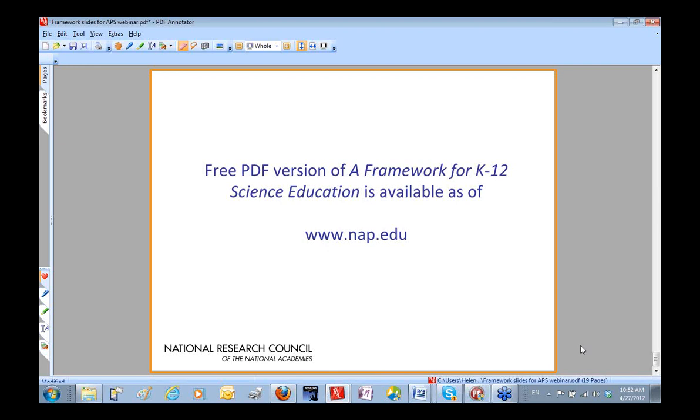As far as the impact of the framework, I know it's being read all around the world. Again, as I said, you can take the practices and the cross-cutting ideas and meld them with any curriculum you might like to be teaching. And so I know that there are people, I'm in fact just off to Ecuador next week to talk about this in Ecuador. So I know that around the world there's interest and people trying to think, what does this tell us that we didn't already think about, or what should we be doing differently?